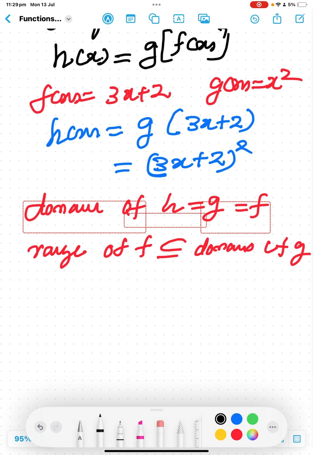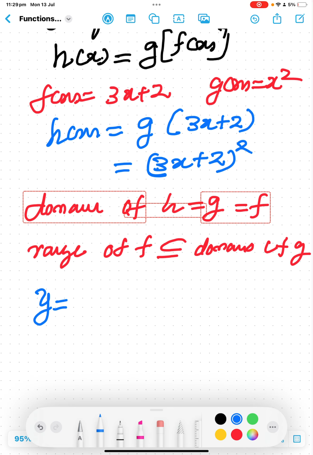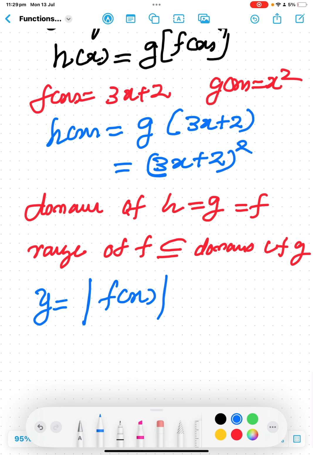So there's a special function here, that is the modulus function with composition. So for example, we can say y is modulus of the function f(x). So this is a special case.